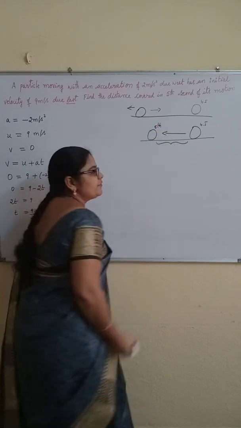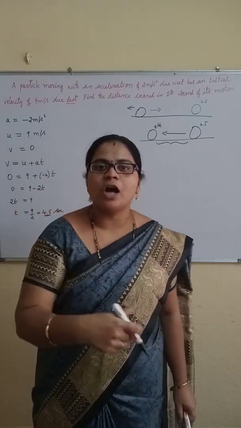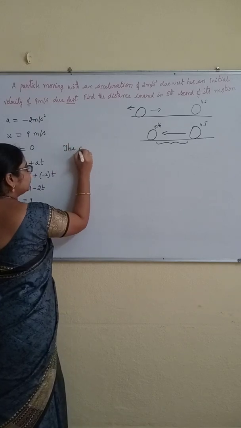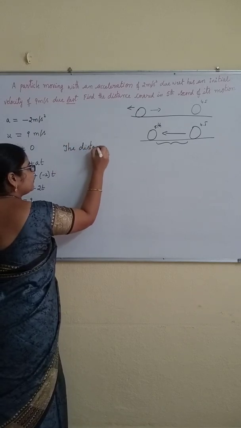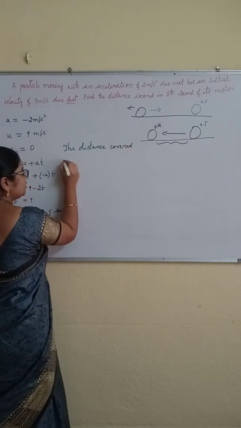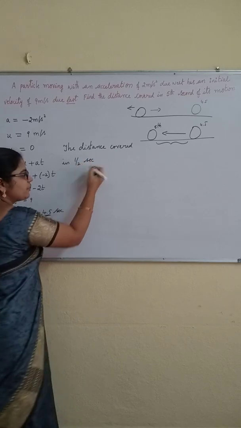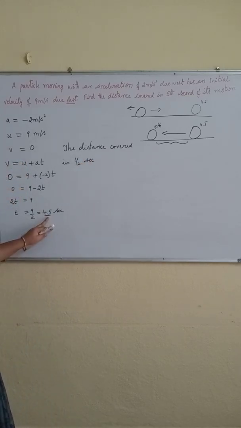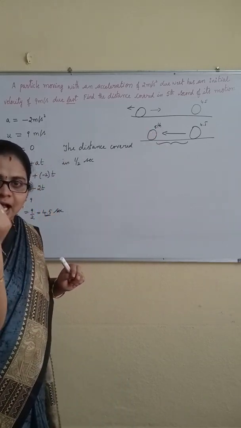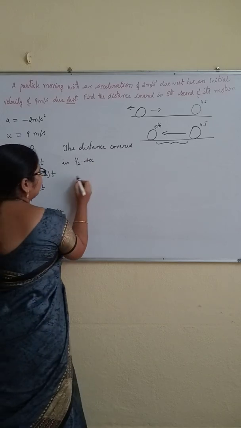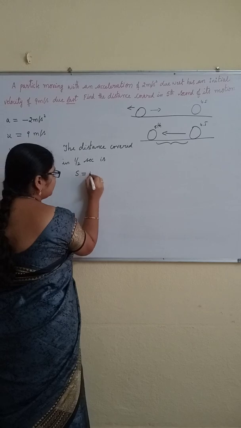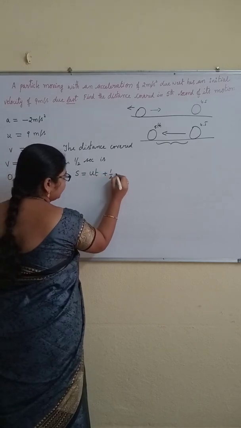So first we will find out how much distance will be covered in this half second. Why half second? Because this is 4.5 and this is the fifth second, so the difference between them is half second. We know s = ut + 1/2 at square.